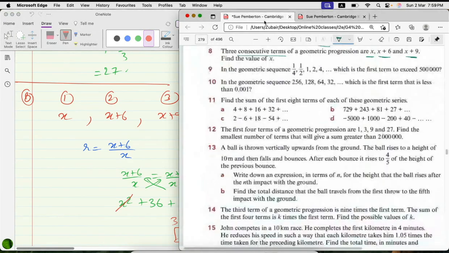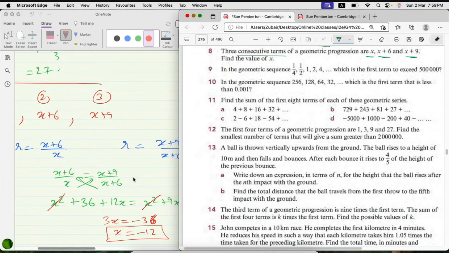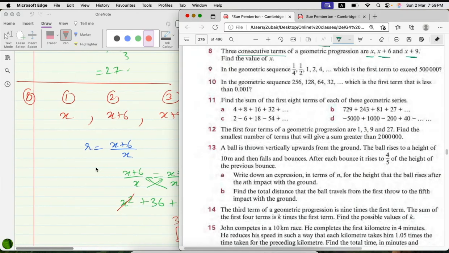Question 8: minus 12. So that was actually simpler. It's just like that. We just equate the r's, because we had some relation between them. Those were first, second, and third terms, so r could be equated. Okay.